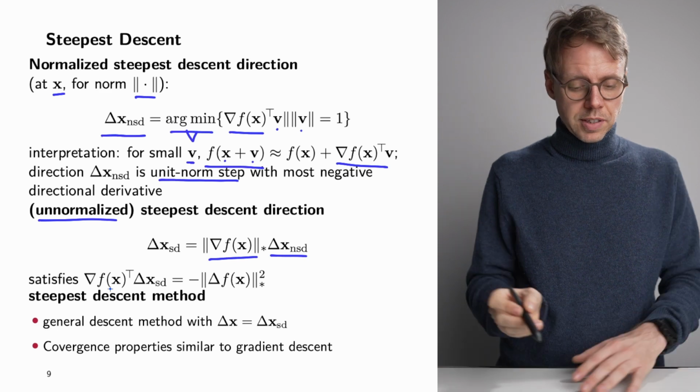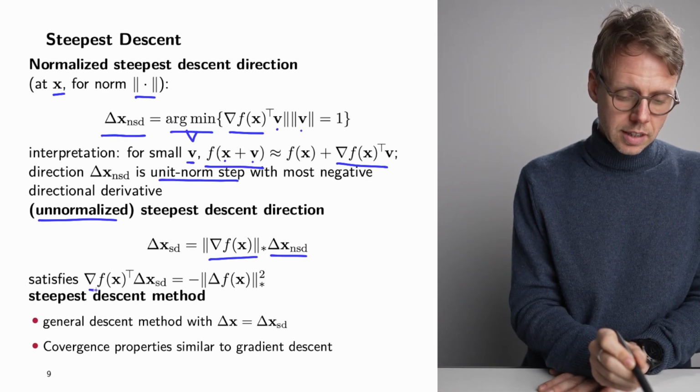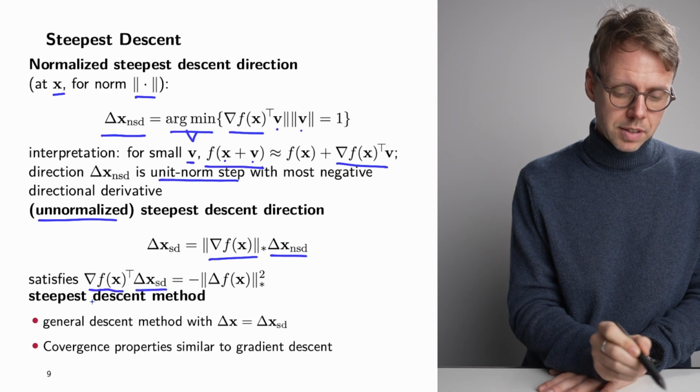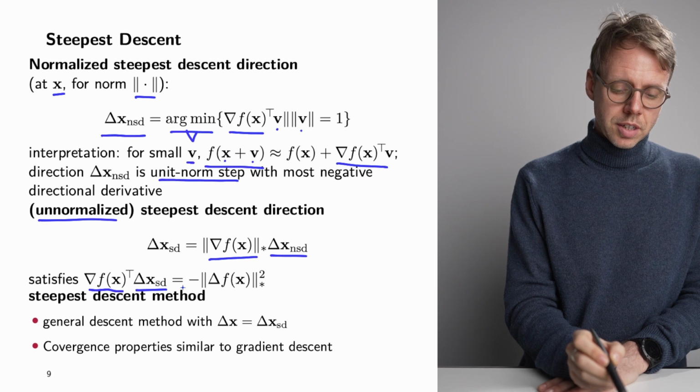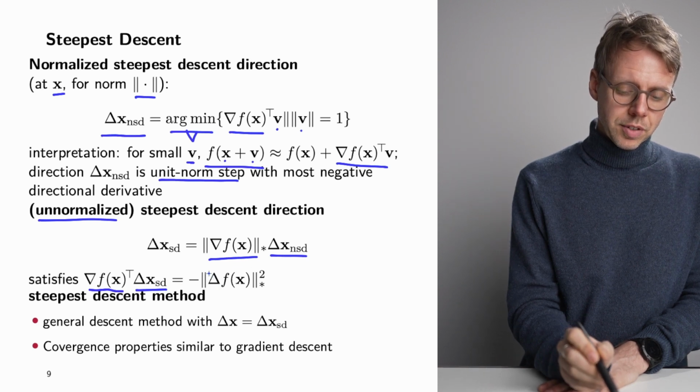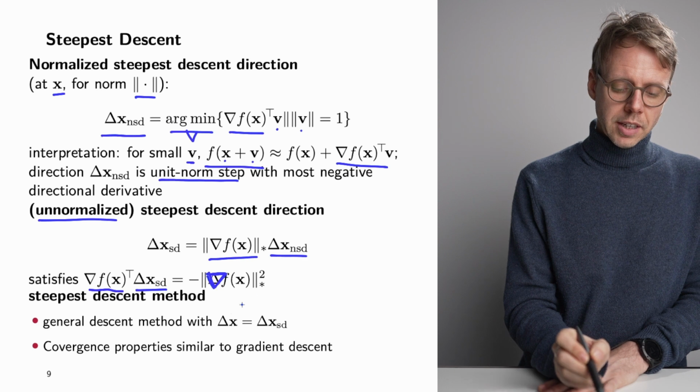Obviously, this then satisfies that the gradient times our steepest descent direction is equal to the negative squared norm of our gradient.